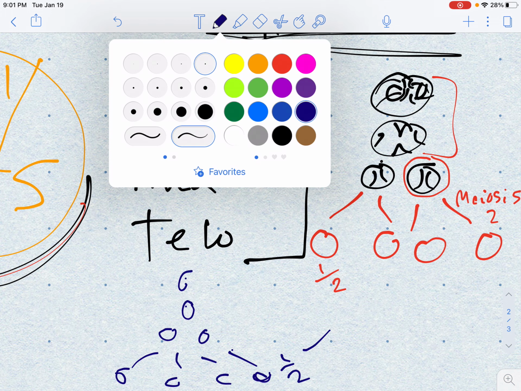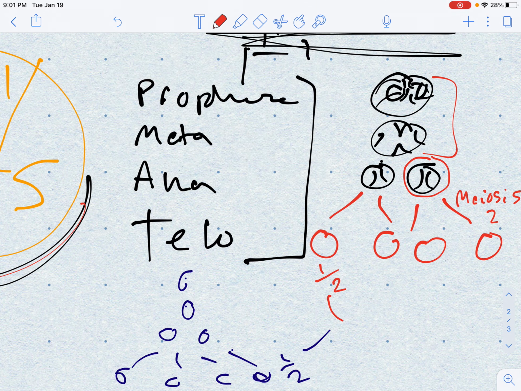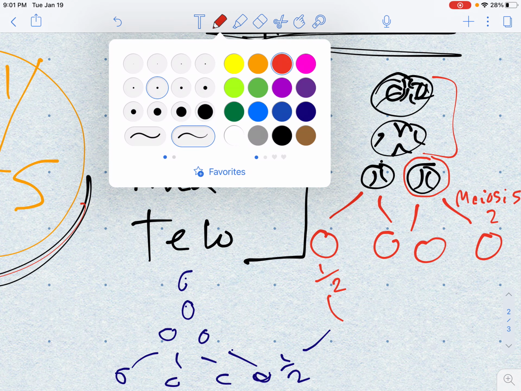So when these combine, we're gonna have a product of a full cup for the child.